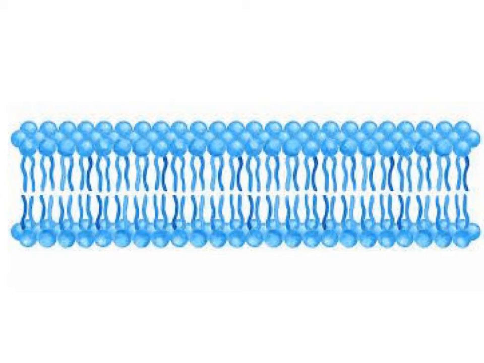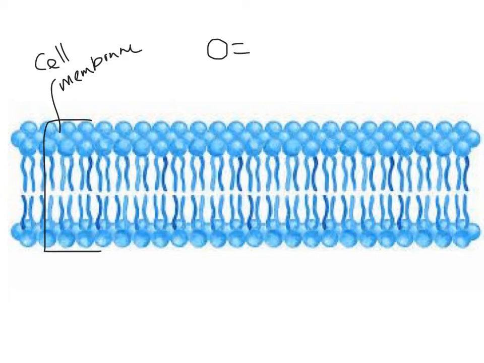Now, how does this matter? What do we see this as? This is, in fact, and we'll get into the structure of this in a second, a cell membrane. And if a particle can move across the cell membrane, I'm going to give you an example of a particle that can move across the cell membrane. In a little bit, I'll explain why it can move across. So this is O2, an oxygen particle.